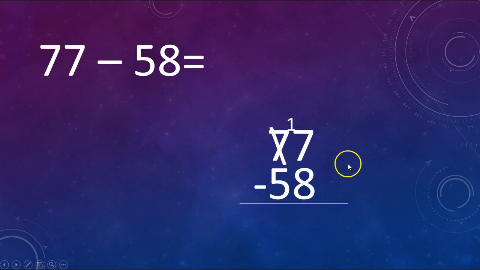And this 7 is going to turn into a 6. What is 17 minus 8? 9. And what is 6 minus 5? 1. And our answer is 19.